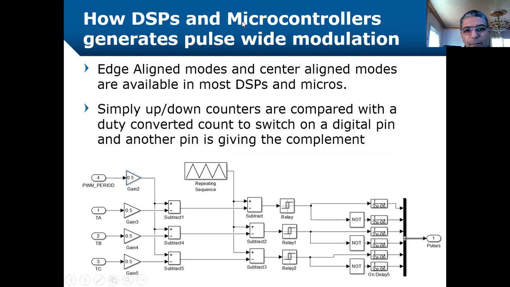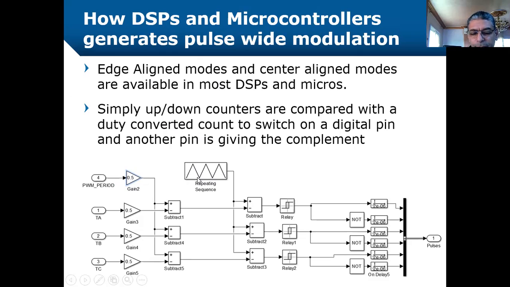How do DSPs and microcontrollers generate pulse width modulation? Edge-aligned modes and center-aligned modes are available in most DSPs and micros. Simply, the DSP has some peripherals to count and can be programmed to count in up-down mode like this.